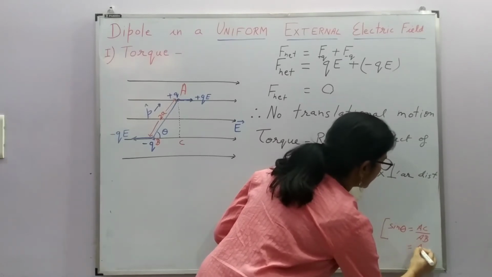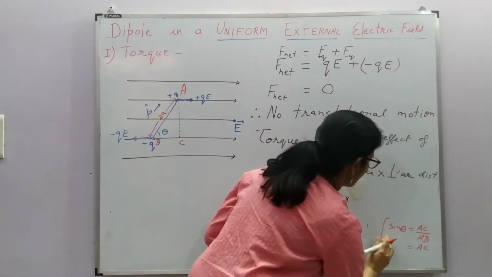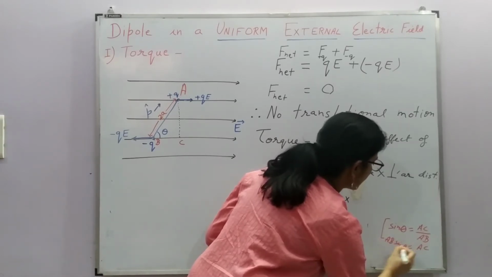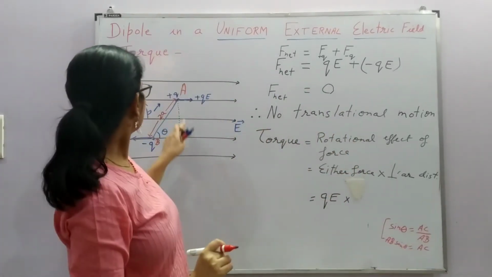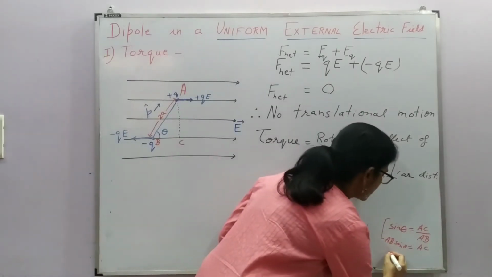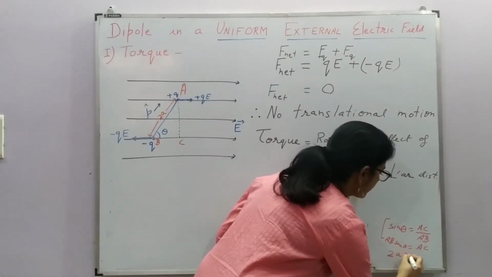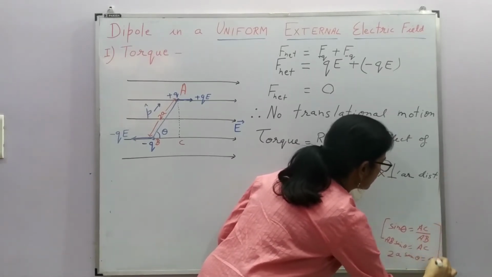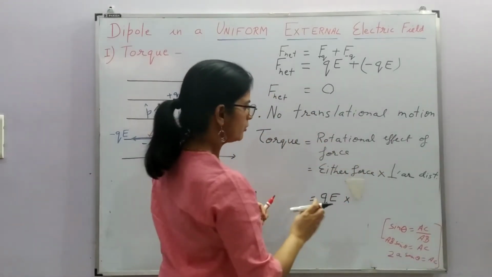So this makes AC equal to AB sine theta. And how much is AB? AB is 2a. So you can say 2a sine theta is equal to AC. So that's why we are putting this value here.